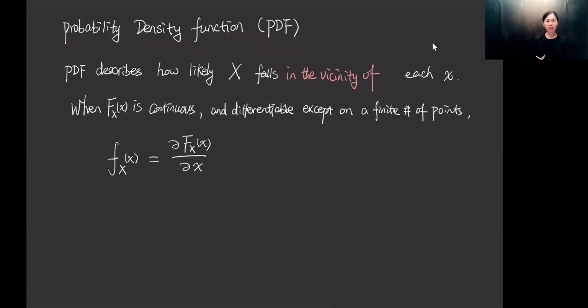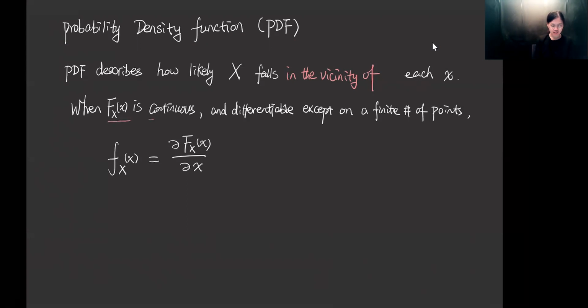Well, we already know that for continuous random variables, the probability that X falls exactly on x is 0. But the probability that X falls in a small neighborhood around x is not 0. And how likely it is to fall in the vicinity of each x is described by the probability density function.